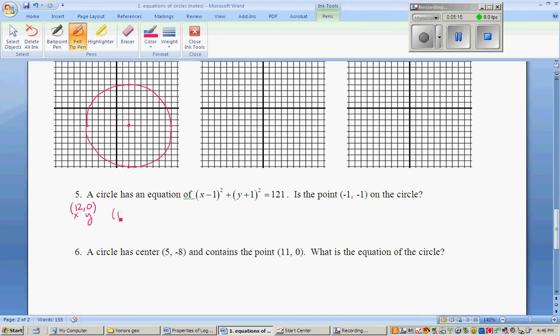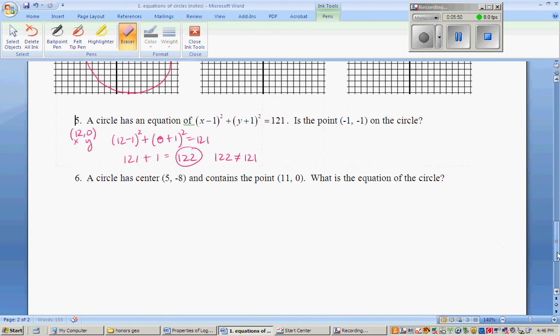So we'd get 12 minus 1 squared plus 0 plus 1 squared equals 121. Here we're going to get 11 squared is 121 plus 1 squared is 1. So we get 122. 122 does not equal 121, and so clearly it is not on the circle. So you want to try this out and see, is the point negative 1, negative 1 on the circle?